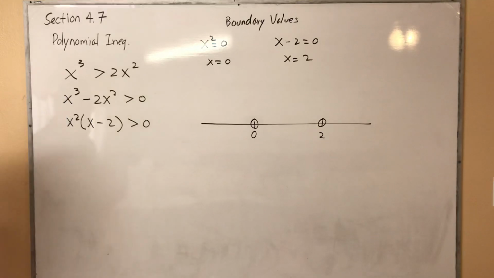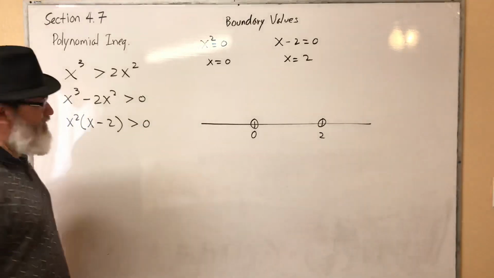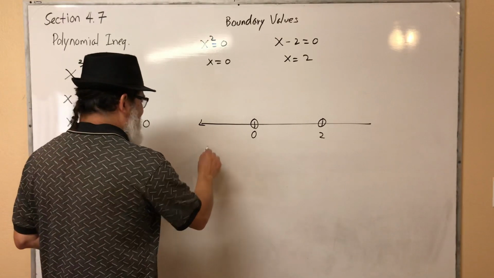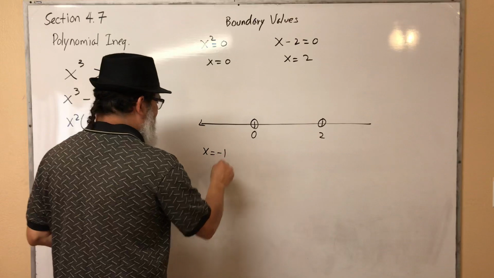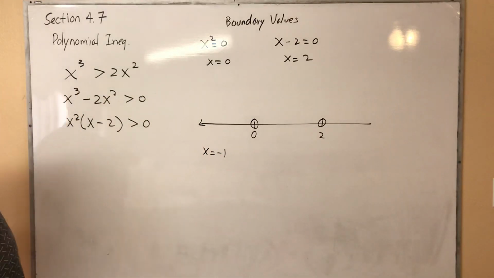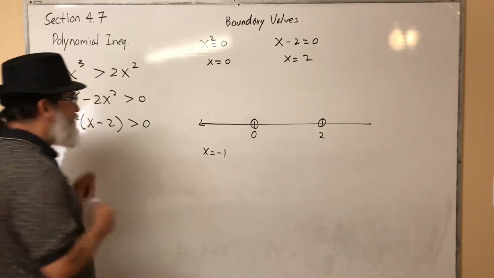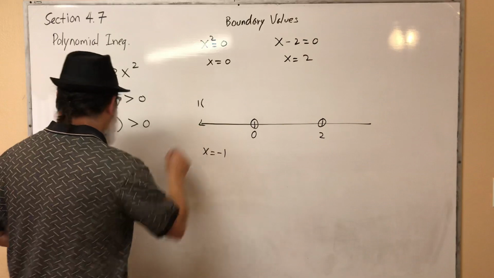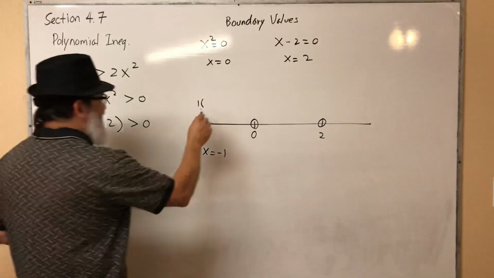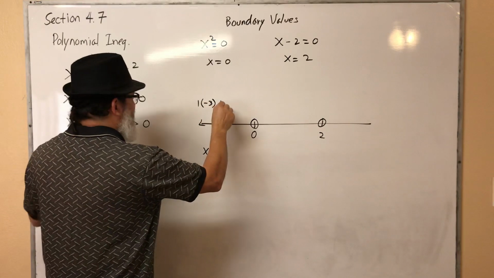And so now, check each region. Check the first region. What should I plug in? Try x equals -1. Plug it in there. What's -1 squared? 1. Times. What's -1 minus 2? -3. Is that greater than 0?